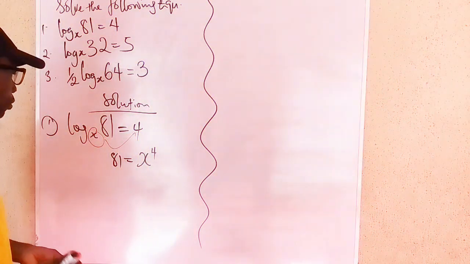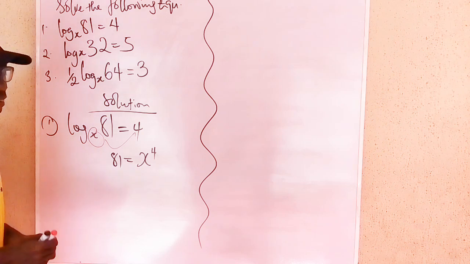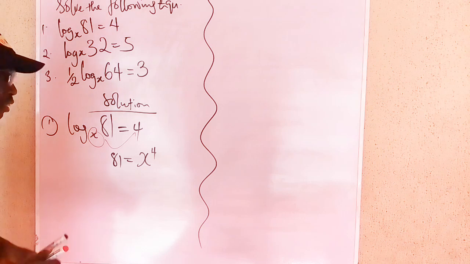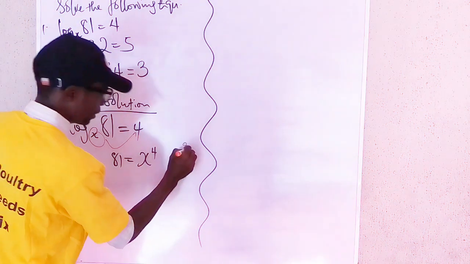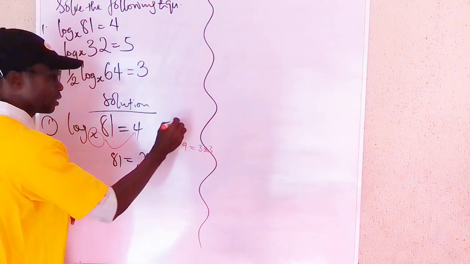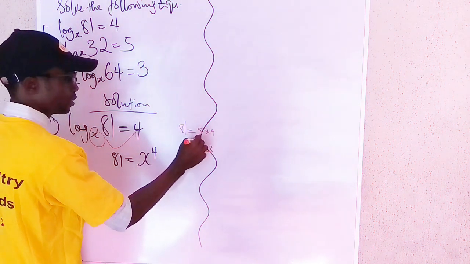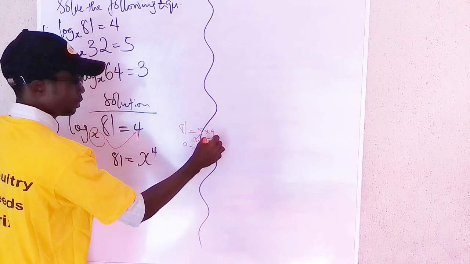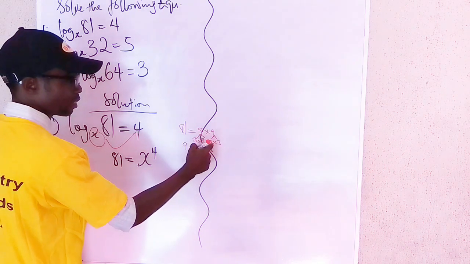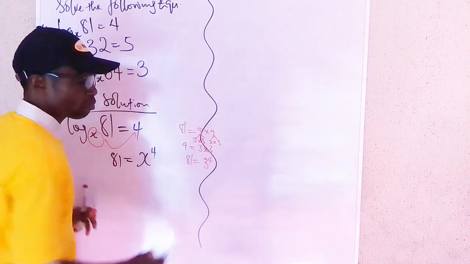At this junction, what is 81? 81 is 9 times 9. And 9 is the same thing as 3 times 3. So 81 is 3 times 3 times 3 times 3, which is the same thing as 3 raised to the power of 4.